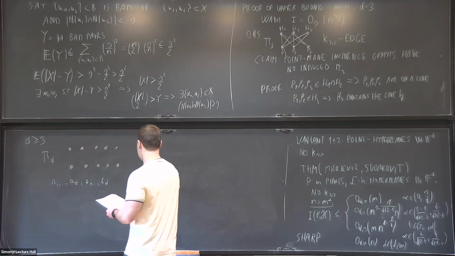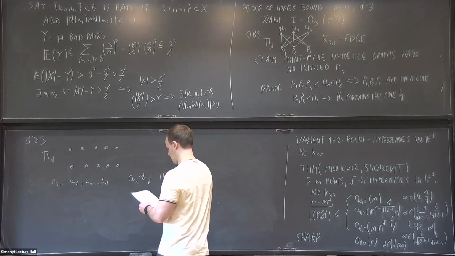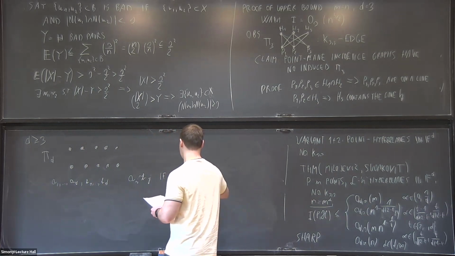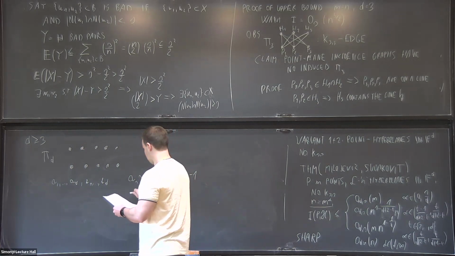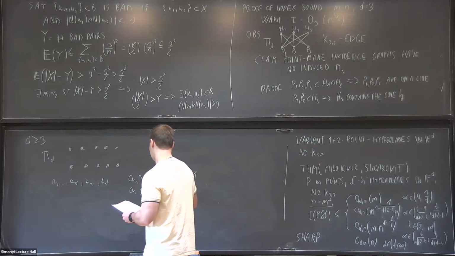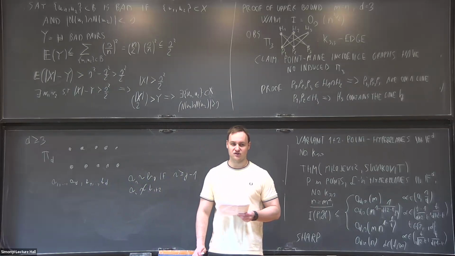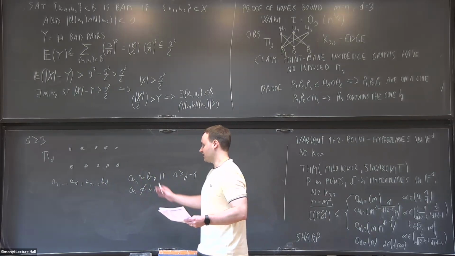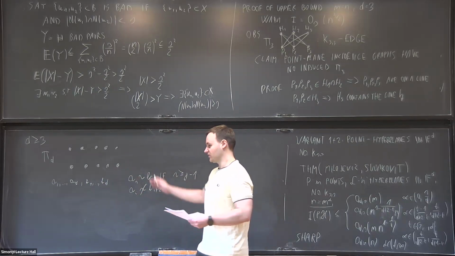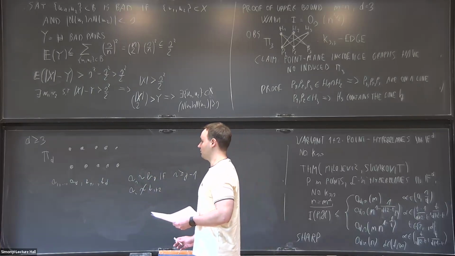So we have that AI BJ is an edge if I is greater than j minus 1, then AI B(I+2) is not an edge, and the rest of the pairs can be either edges or non-edges. So I say that all graphs which satisfy this, whatever the rest is, form a forbidden subgraph in the point-hyperplane incidence graph.